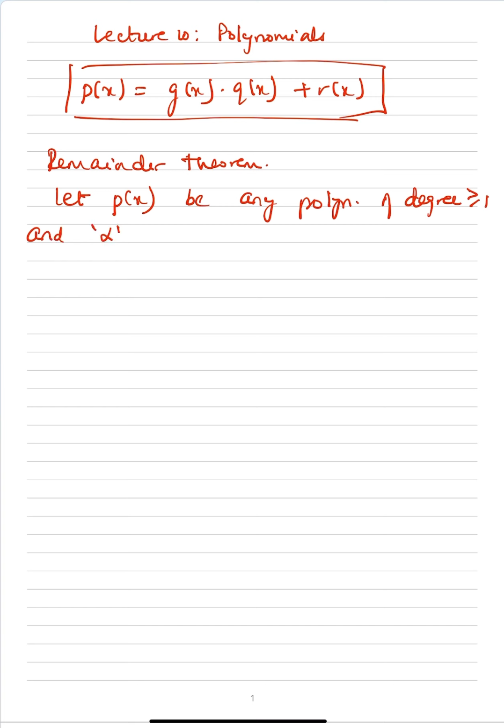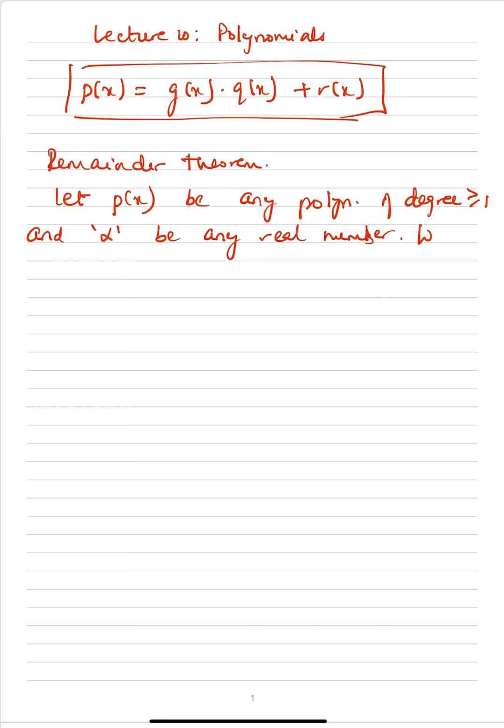We can say alpha is a number which we don't know, so it is a variable. We write it as alpha. Be any real number. As we don't know, we just write alpha. Okay, then what will happen?